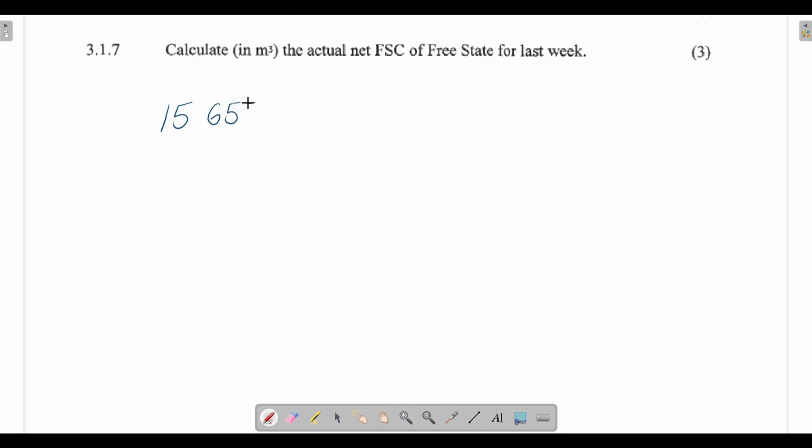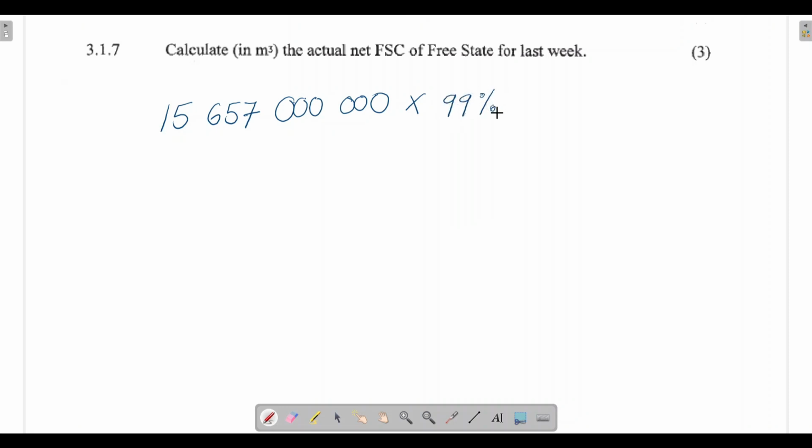50,657,000. Because we know that it's million, how many zeros are missing here? We are missing 1, 2, 3 zeros. And then what do we need to do? You need to multiply it by what you want, which is that 99%.